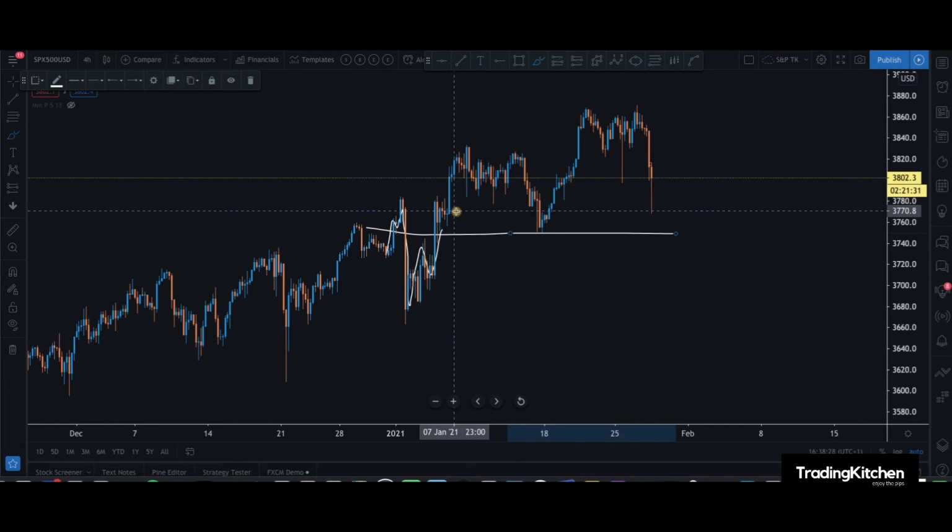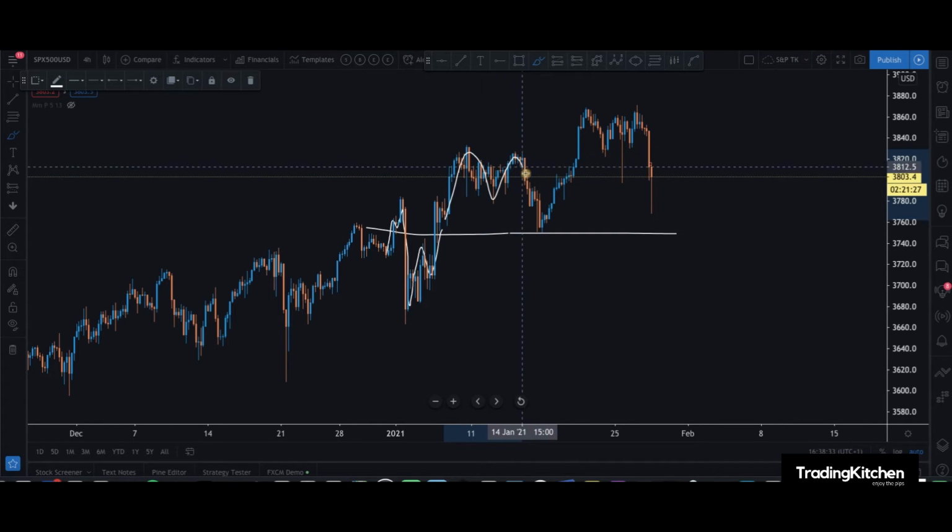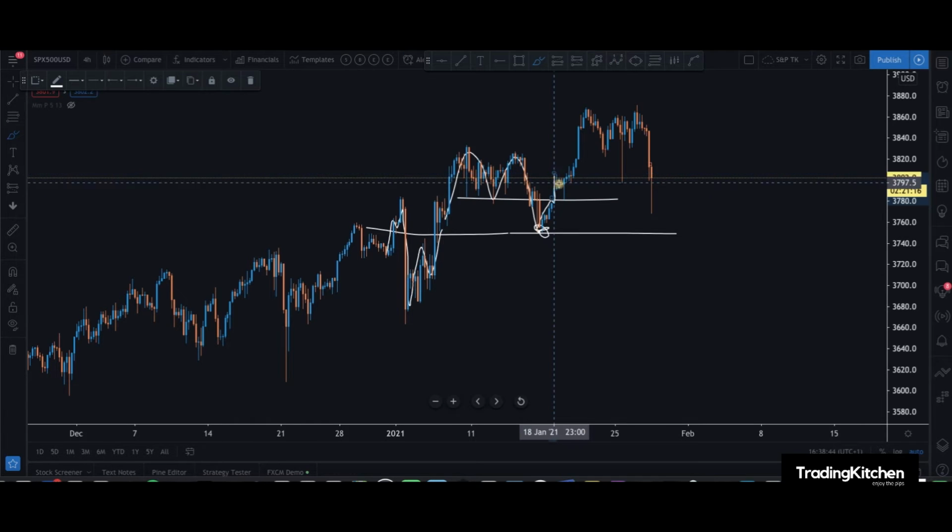Another example: formation, and price tests the previous support, then retests and breaks the neckline.